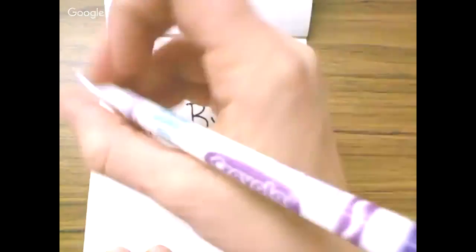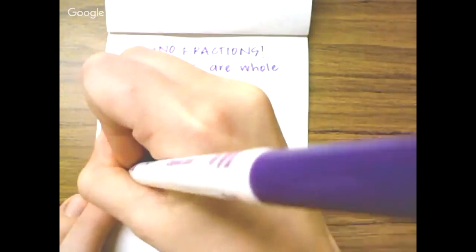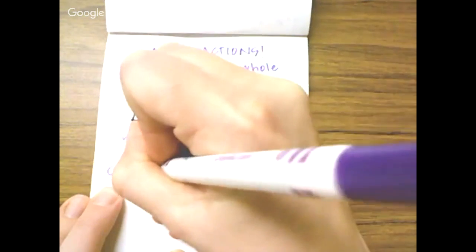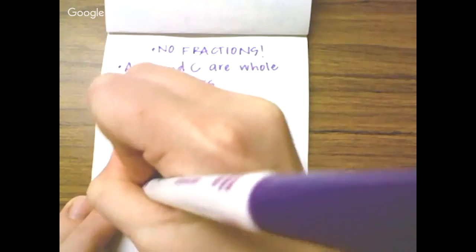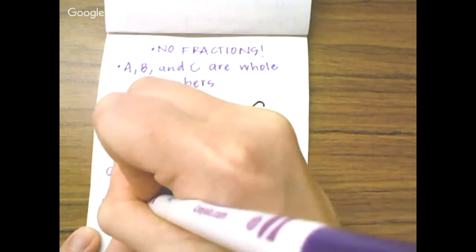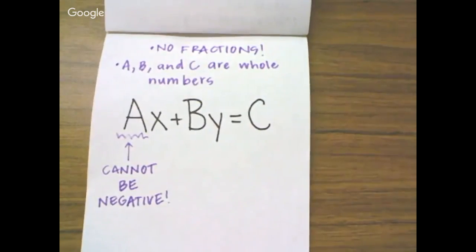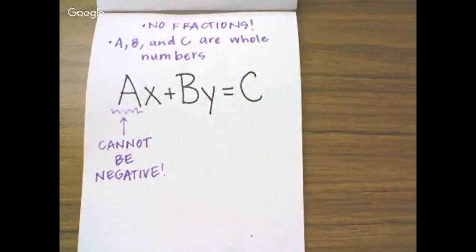The second restriction is that A cannot be negative. If it is, I have to multiply everything by a negative to make sure that it's not.